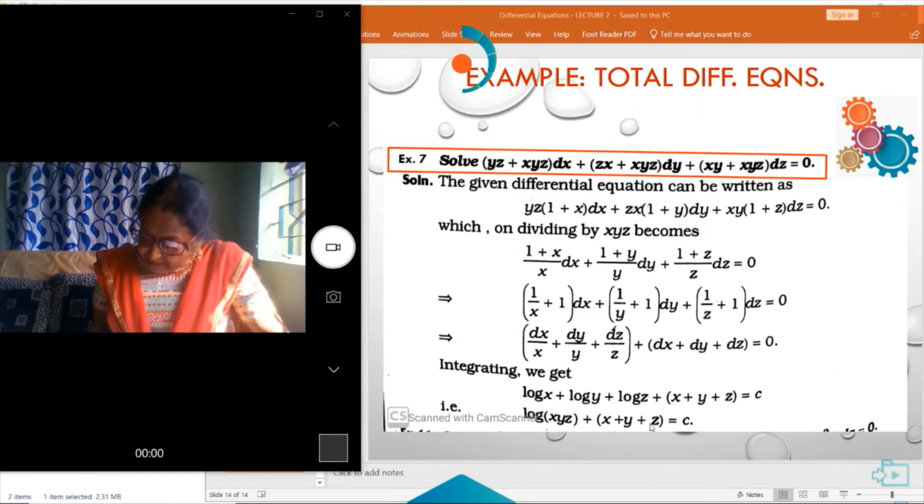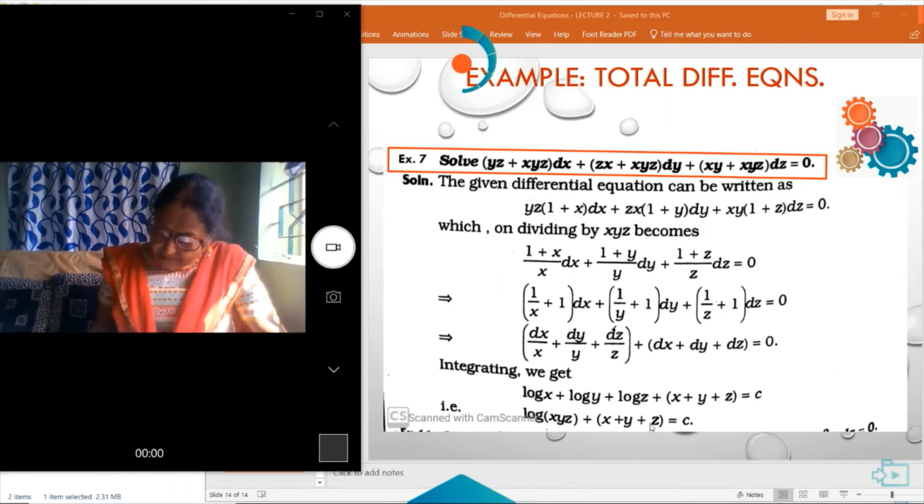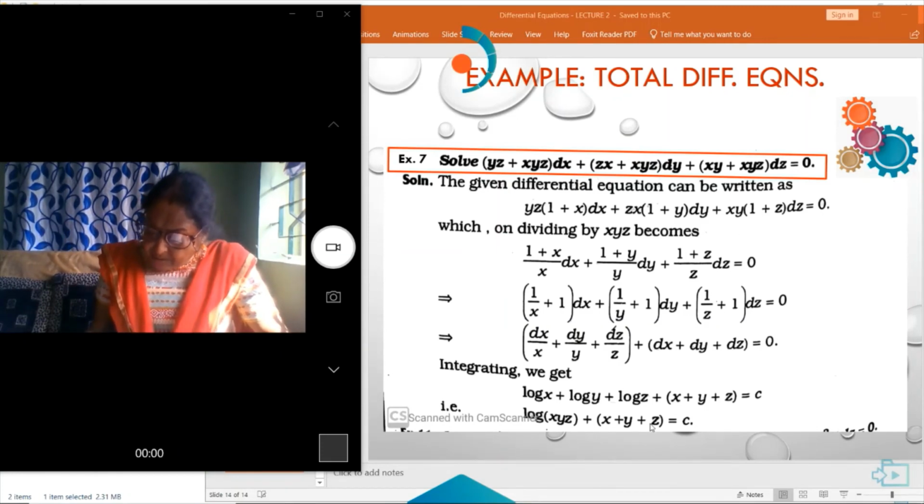And after that it becomes dx by x plus dy by y plus dz by z plus dx plus dy plus dz is equal to 0, which on further calculation gives log xyz plus x plus y plus z is equal to c.